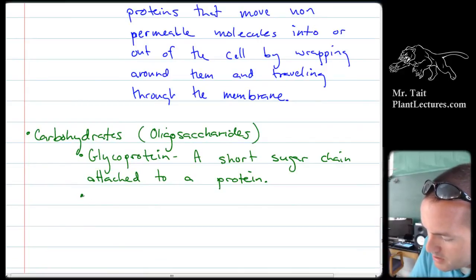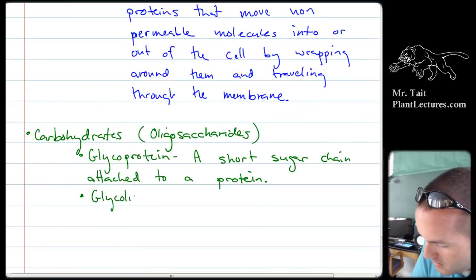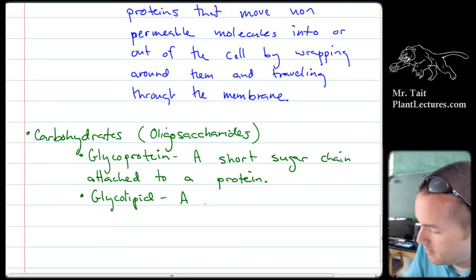And then the other type is called a glycolipid, and that is a short sugar chain attached to a lipid.